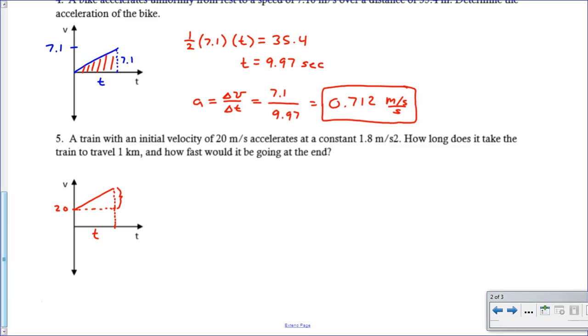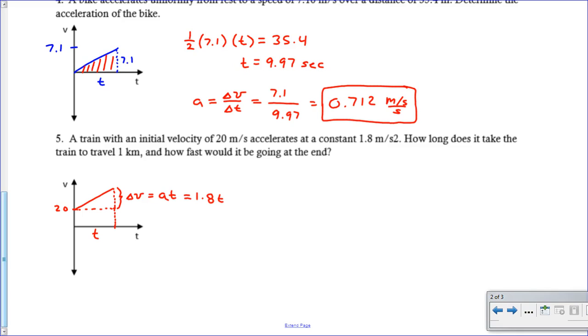This is our change in velocity, which from those equations we know is equal to acceleration times time. This is just that rearrangement of the slope equation that I showed you right at the beginning of this video. Knowing that is really, really handy. Acceleration in this case is 1.8 meters per second squared, so this is equal to 1.8t.